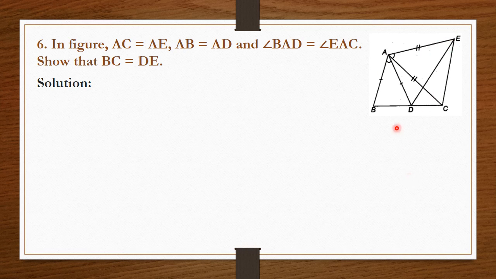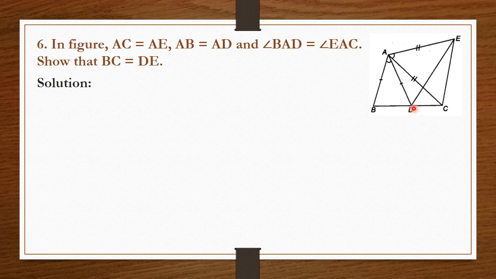We have two sides which are equal. The third sides are not given, so we can't use SSS. But if we can prove that the angles between them are equal, then we can use the SAS rule. Now if we look at angle BAC, we can see that BAD plus DAC is the total angle.